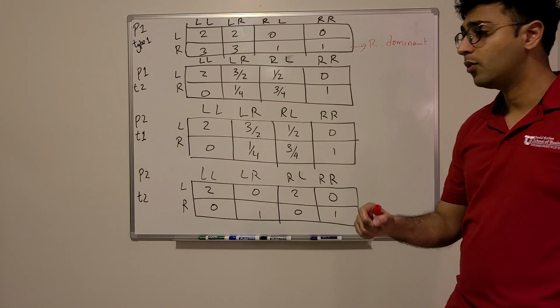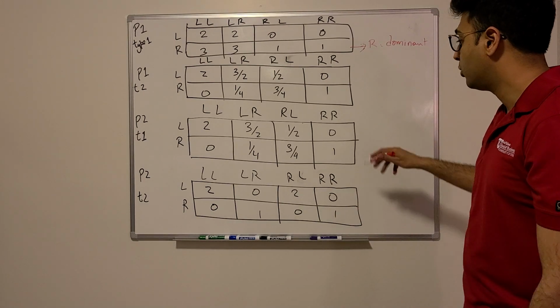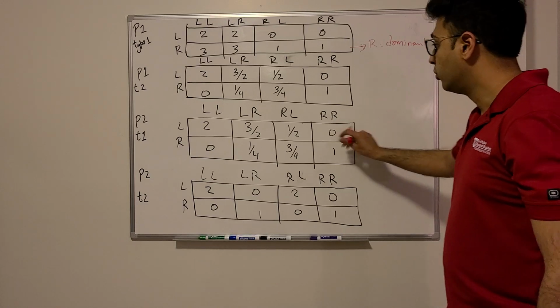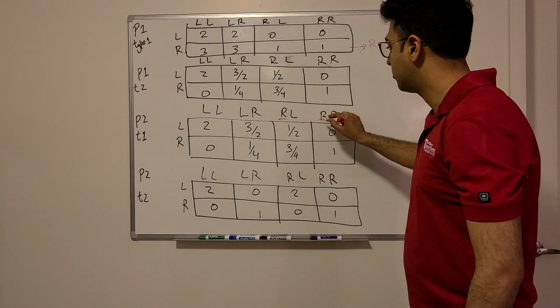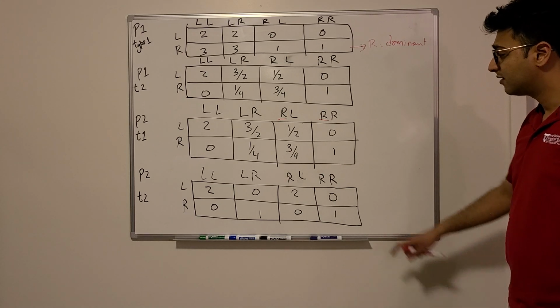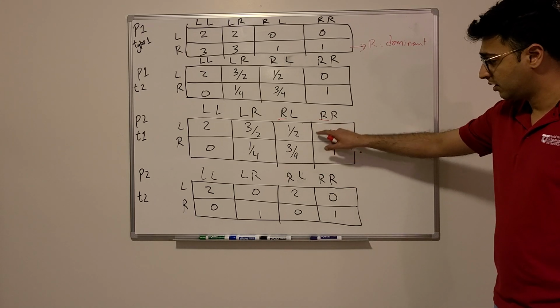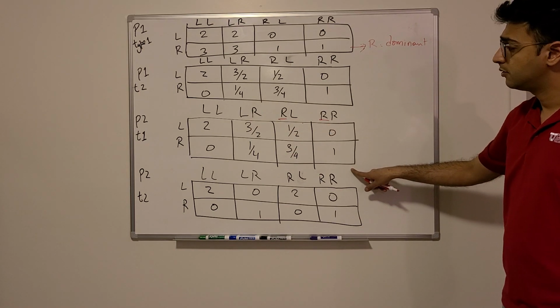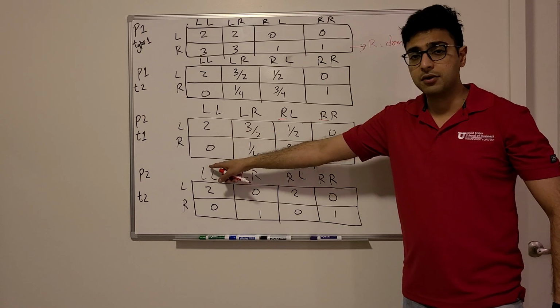If we know that player 1 type 1 always plays R, and we look at player 2 type 1's incentives, we know that player 1 type 1 will always play R and not L, right? That means that player 2 type 1 knows that these are its only options, because these will never happen.